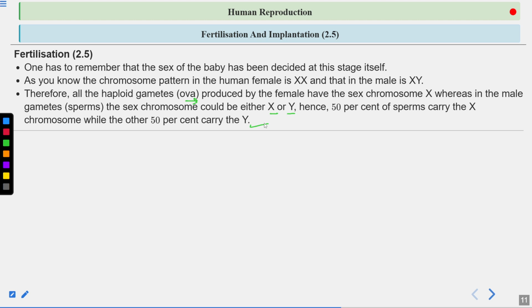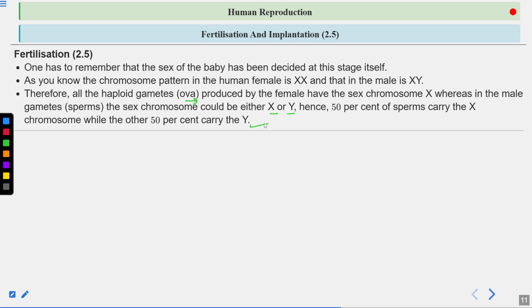If the Y chromosome of the male fuses with the egg, the eggs will always contain the X chromosome because females are XX. All the gametes in the females, all the eggs, will have the X chromosome only.